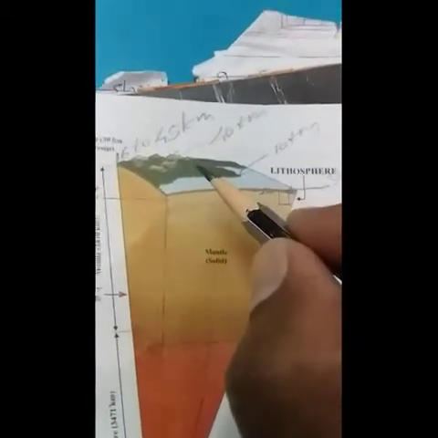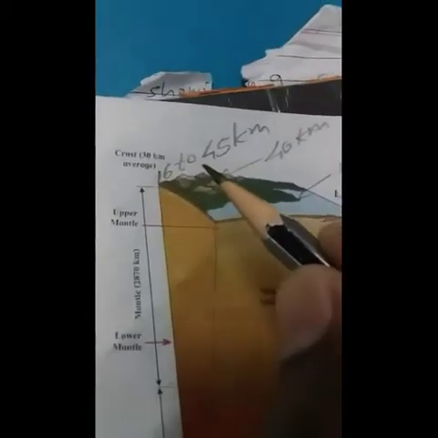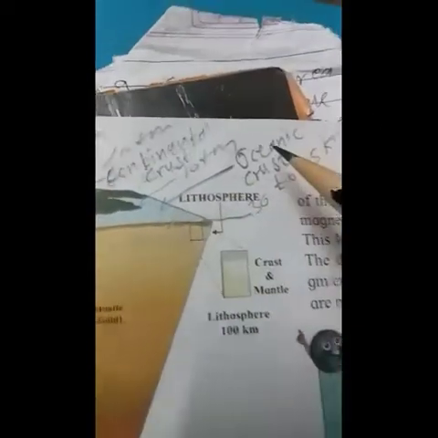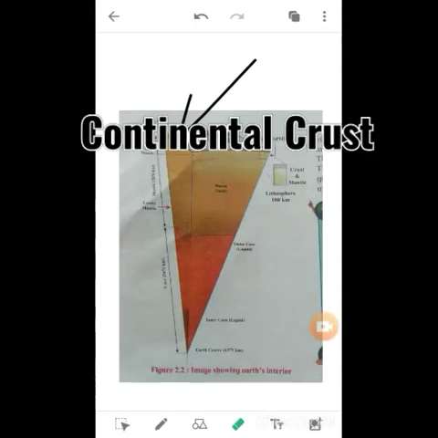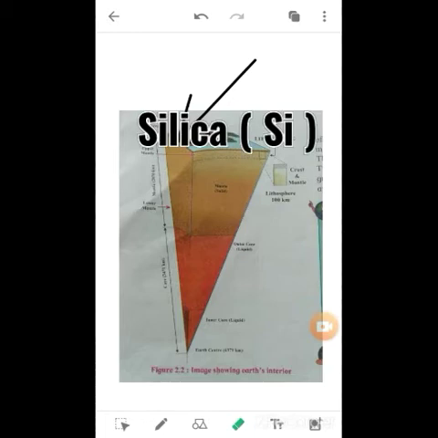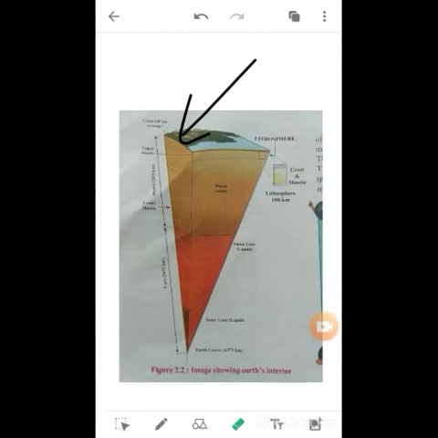It can be divided into two sublayers: continental crust and oceanic crust. The continents are mainly composed of silica, that is Si, and aluminium, that is Al. Because of their high proportion in this layer, the layer was earlier known as Sial, Si from silica and Al from aluminium.